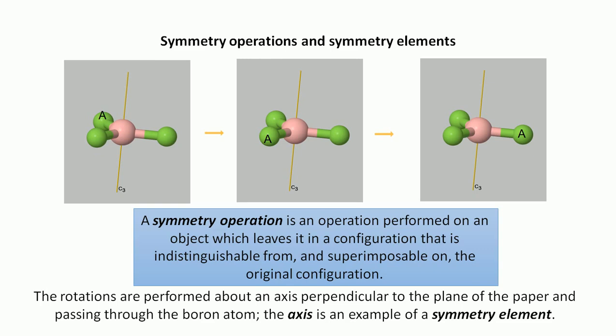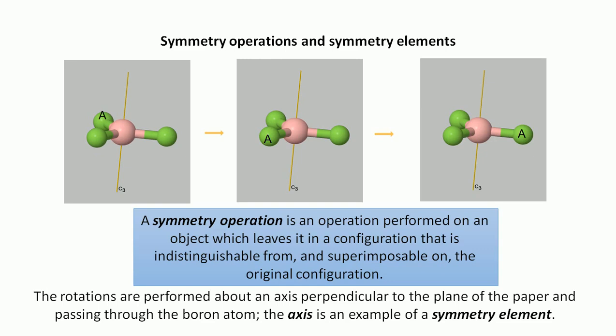If you can perform such an action, such an operation, you can say that there is a symmetry operation possible, and in this case it is a rotation operation. So in this case, rotations are performed about an axis perpendicular to the plane of the paper and passing through the boron atom.